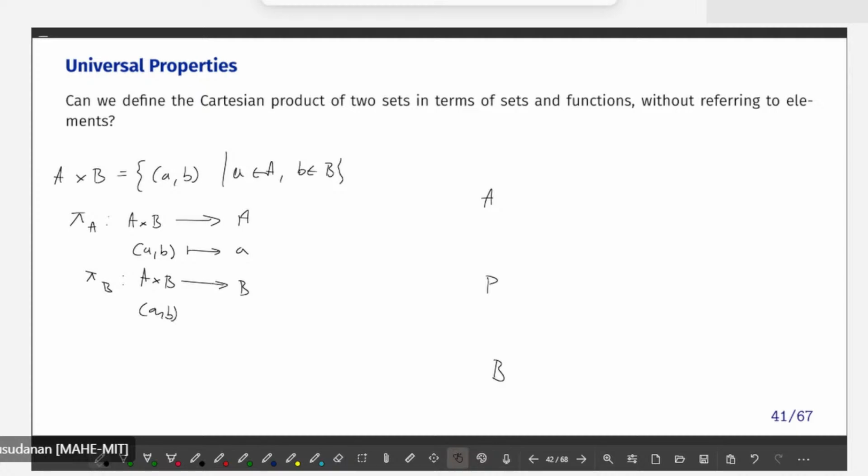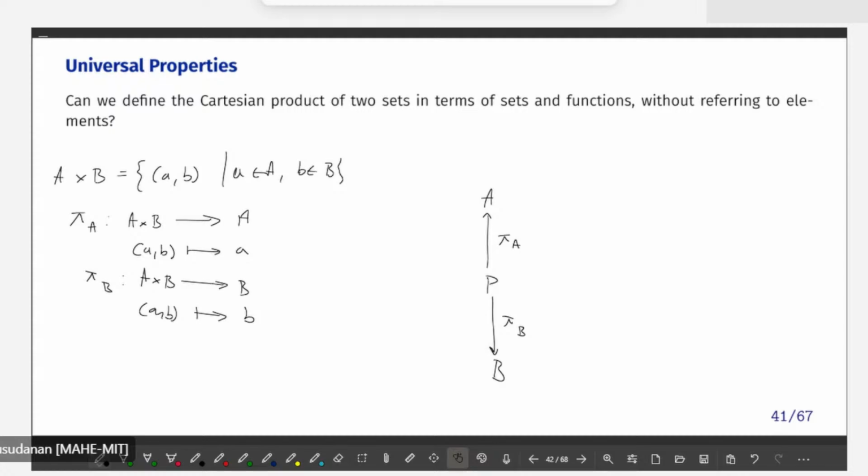That means it sends an ordered pair (A, B) to A for pi A and B for pi B. So these are just functions. So I can just say there should exist functions pi A and pi B from P to A and B. But not just any functions, because so many sets will have functions into them, right?